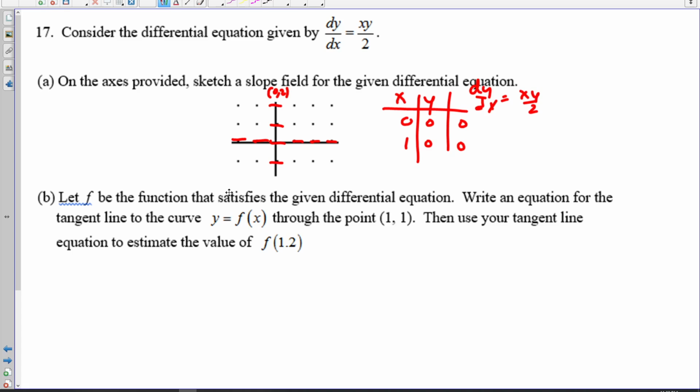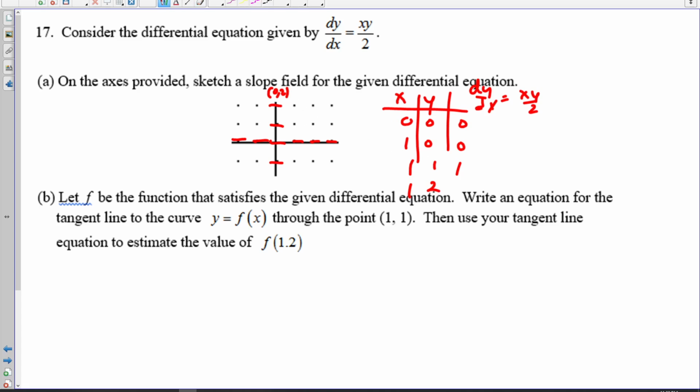Okay, and then if I said x equals 1 and y equals 1, then the slope is 1. If I said x equals 1 and y equals 2, the slope would be, oops, that's not right.